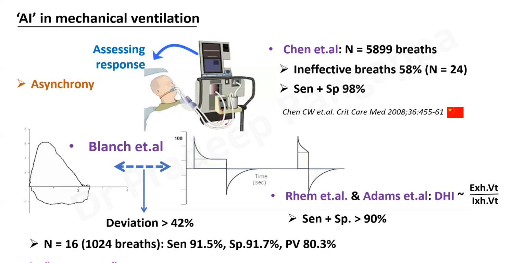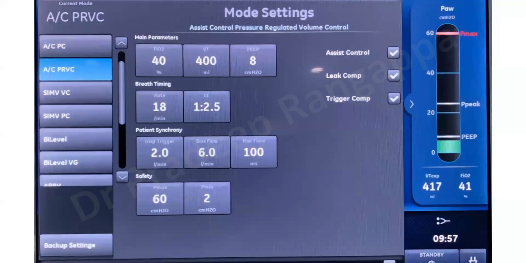So I'll just take you through the ventilator that we have in our ICU and the modes. So this is how you see. This is my GE ventilator where you have controlled mode, you have pressure regulated volume control, then you have SIMV VC, which means mandatory ventilation, which is volume controlled, and this is pressure controlled.